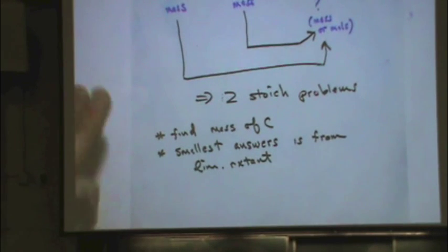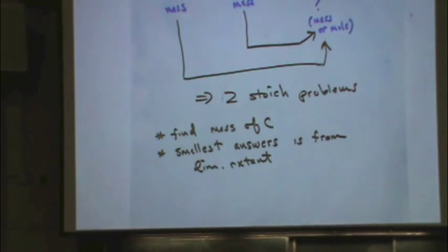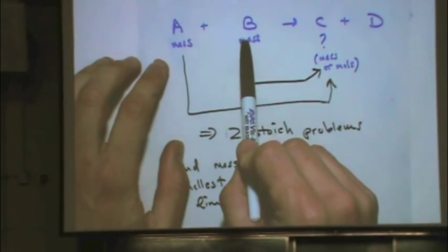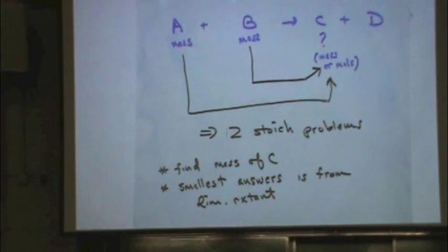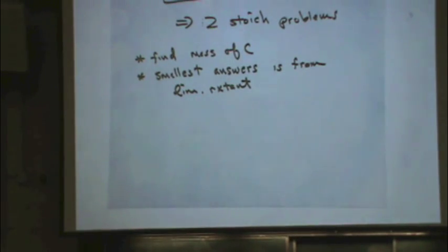So the smallest answer is from the limiting reactant. The larger answer is from the one in excess. So that's how chemically we'll determine. Basically, one of these is going to run out first chemically, and that one will control the amount of product made. Let's do a simple example.